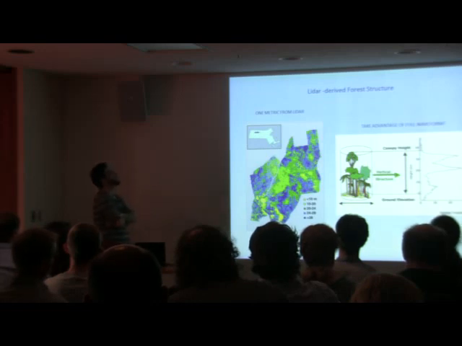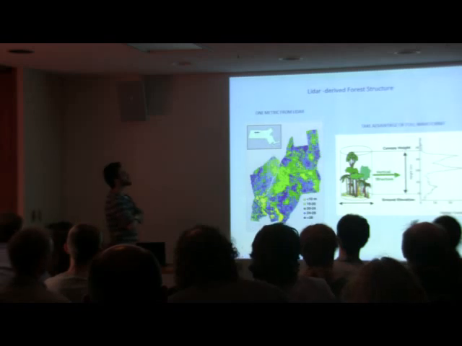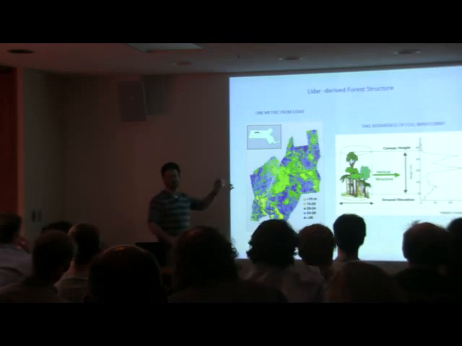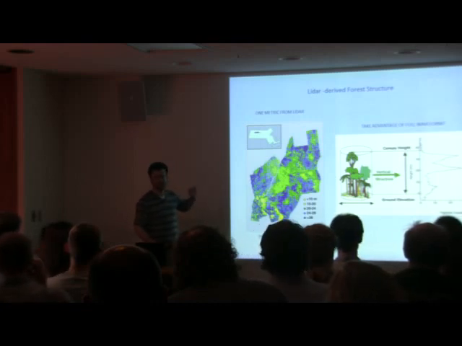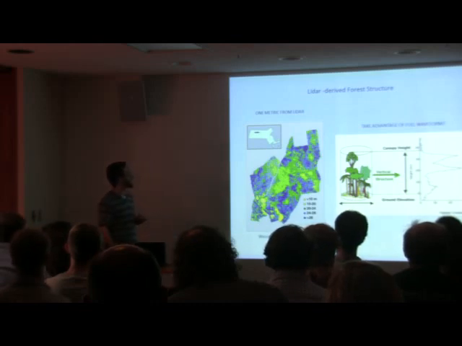So firstly, for the LiDAR-derived forest structure, a lot of work has been done on obtaining single metrics from LiDAR. And this is just a canopy, the top of the LiDAR waveform, so the top of each patch, the maximum height map.